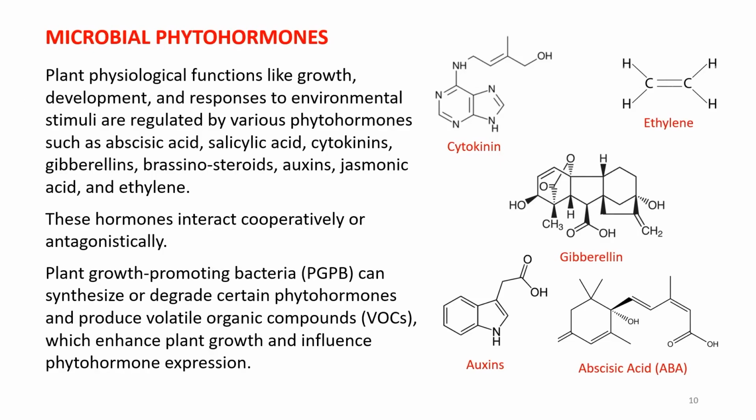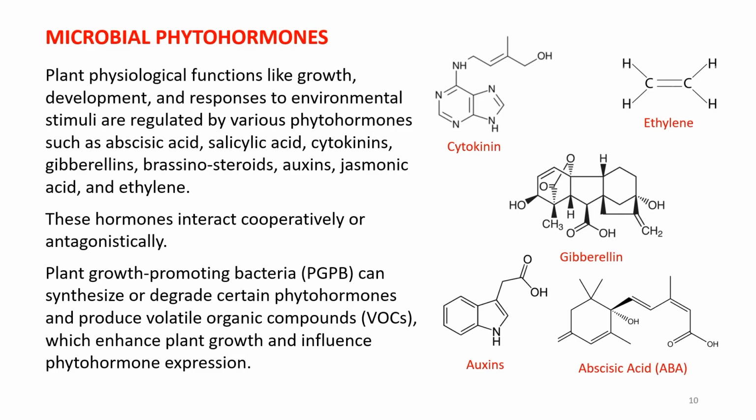Let us now have a small discussion on phytohormones produced by microbes, which we call microbial phytohormones. Plant physiological functions like growth, development and responses to environmental stimuli are regulated by various phytohormones such as abscisic acid, salicylic acid, cytokinins, gibberellins, brassinosteroids, auxins, jasmonic acid and ethylene.